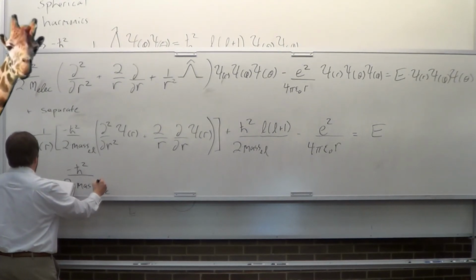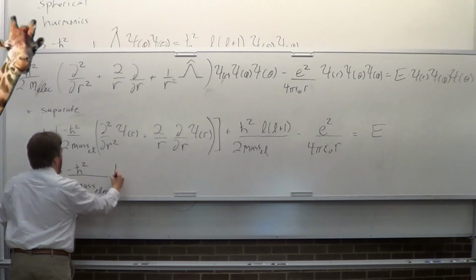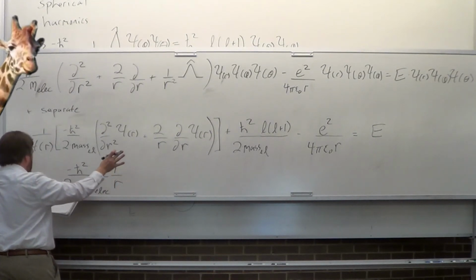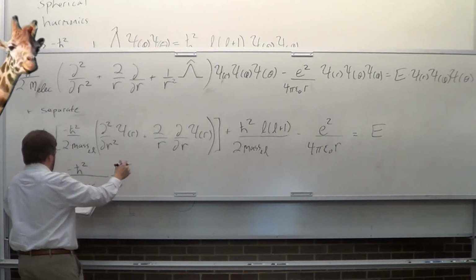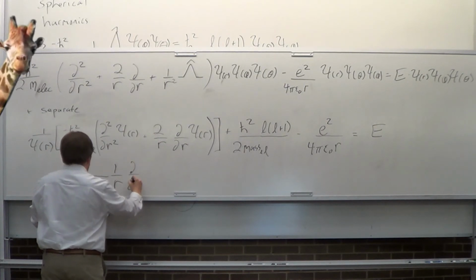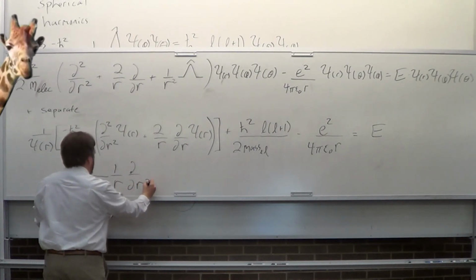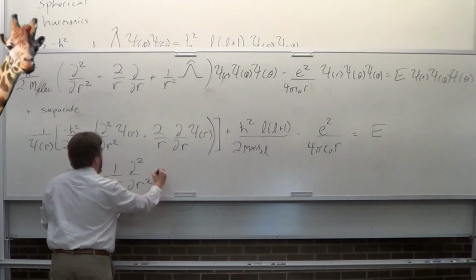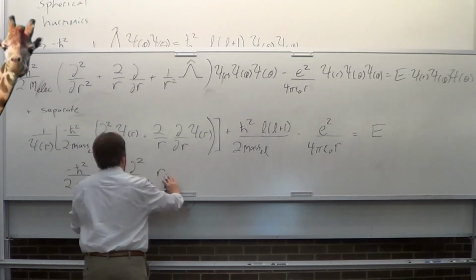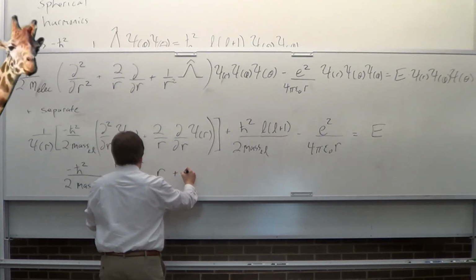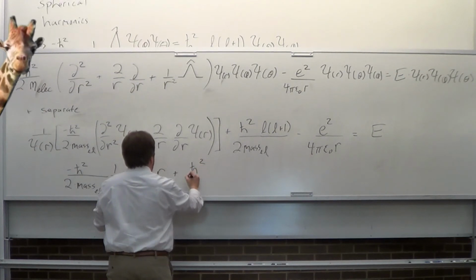Okay, mass electron. So again, I want to point out that the radial parts here can be simplified. So what I'm going to do here is write out the slightly simplified version.